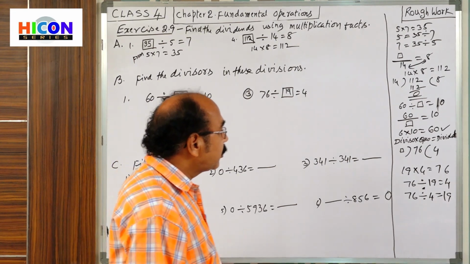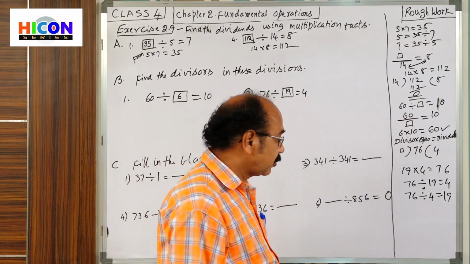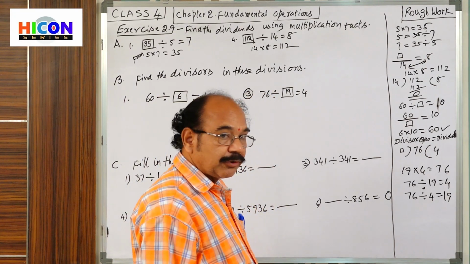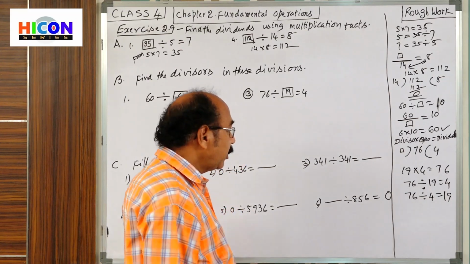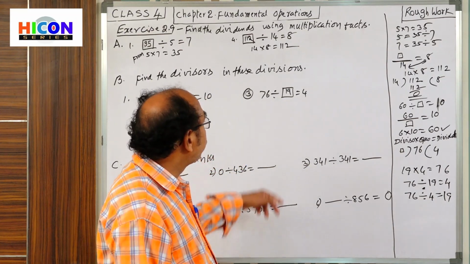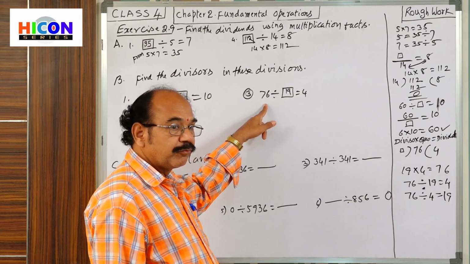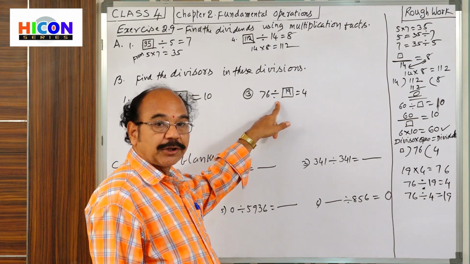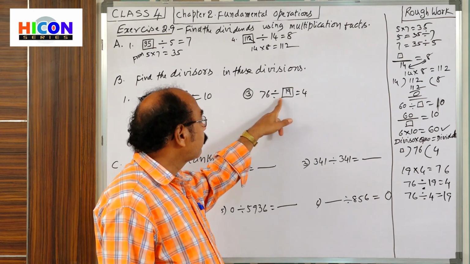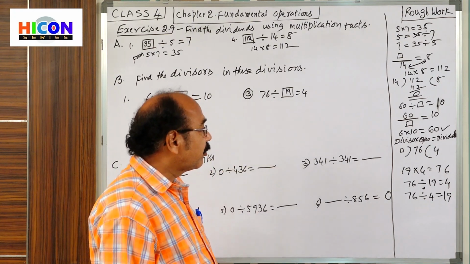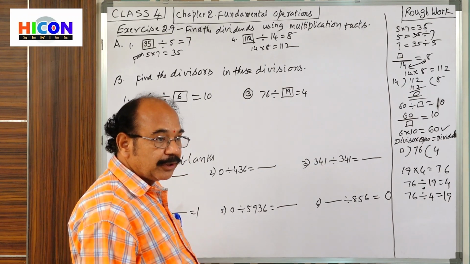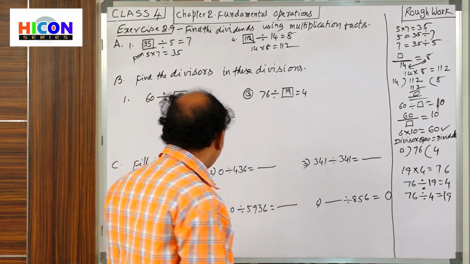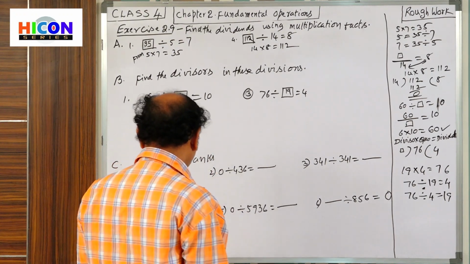Divisor is equal to dividend by quotient. Dividend divided by quotient is equal to divisor. Now, fill in the blanks.